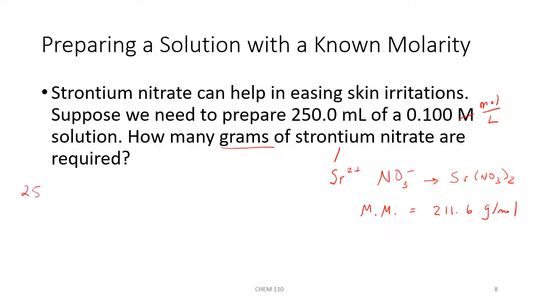Starting with our volume, 250 milliliters, we'll convert that to liters, 1,000 milliliters in 1 liter. Now using our molarity, 0.100 moles per liter, and then lastly using the molar mass to find the number of grams, 211.6 grams per mole.